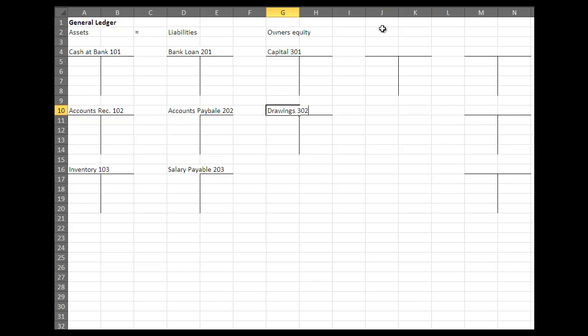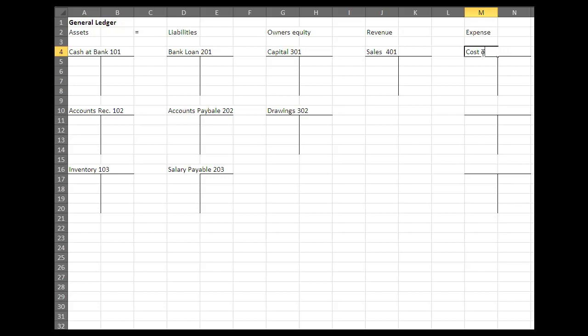And then we move to the revenue and expense accounts. Revenue and expense. And the revenue is sales, and sales is 401, and the expense account is COGS, or cost of goods sold.